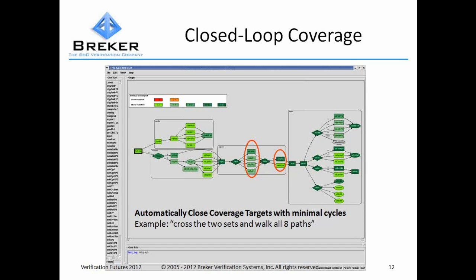It's still a random test, but a very dedicated random test to hit your functional coverage requirements. This allows you to very quickly close your functional requirements and your test plan. So in essence, you don't have to go through long simulation loop cycles to reach your functional coverage goals.